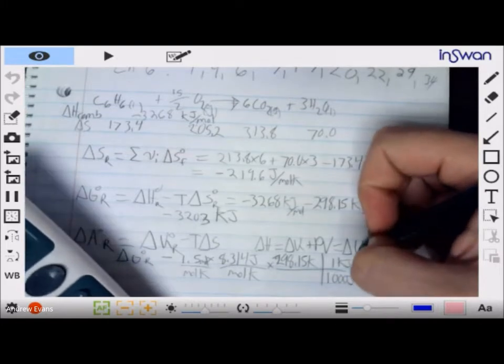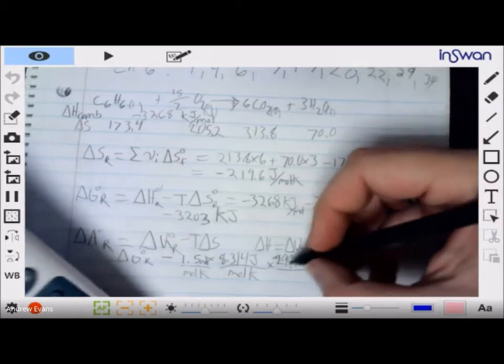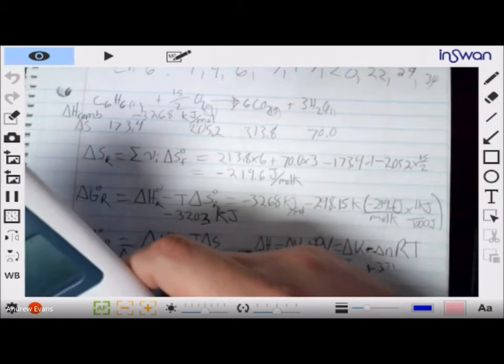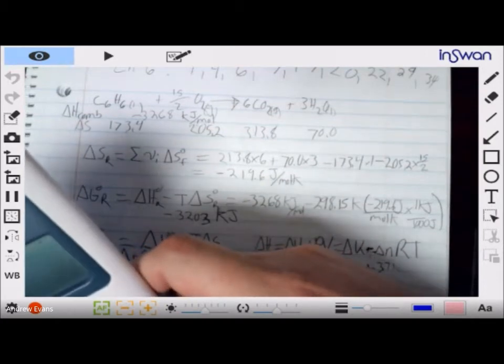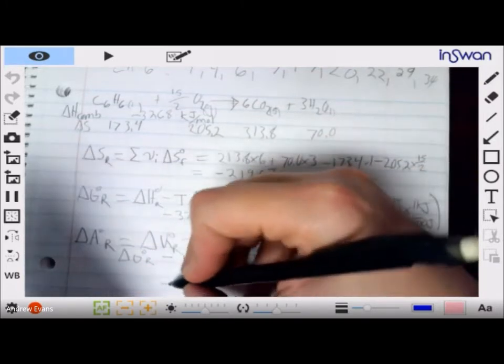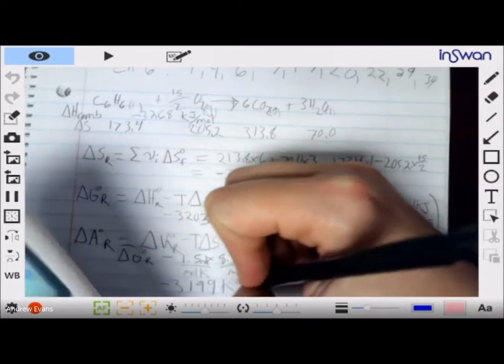Minus delta nRT. So you'd be adding 3.7 kilojoules. So you'd get something like negative 3,199 kilojoules.